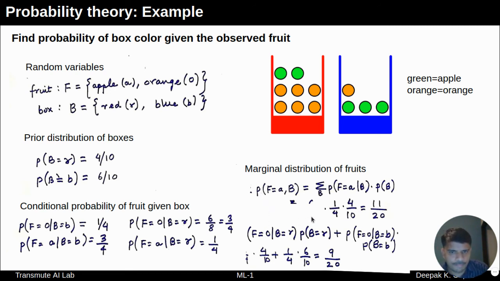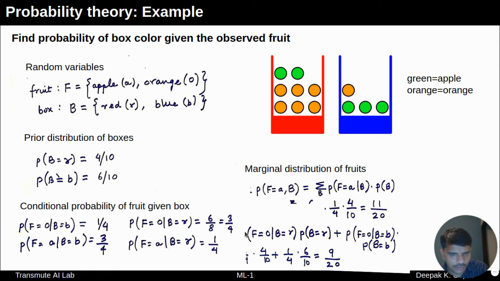Now, similarly, if we want to compute the marginal probability of the fruit being orange, that would be, I'm missing a bit of the figure here, the probability of fruit being orange given box being red, into the marginal probability of box being red.